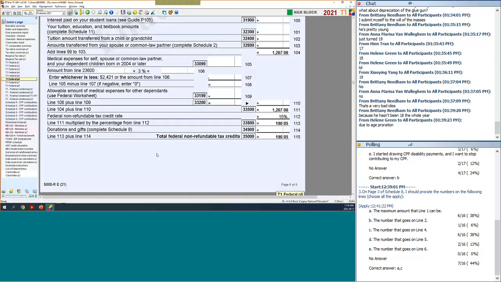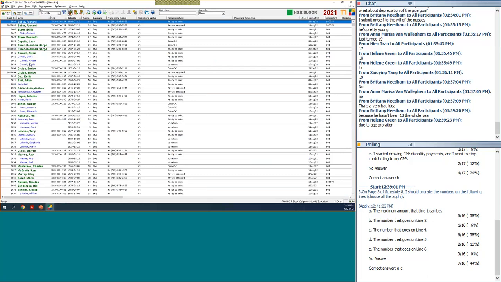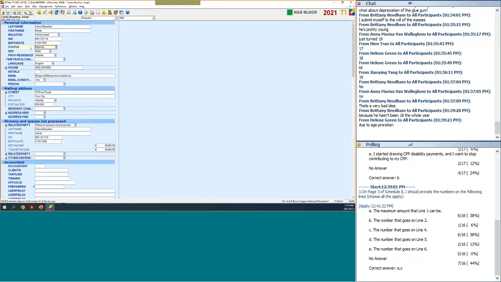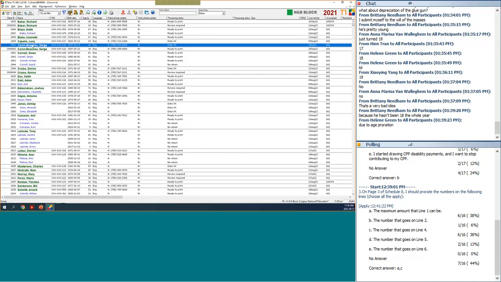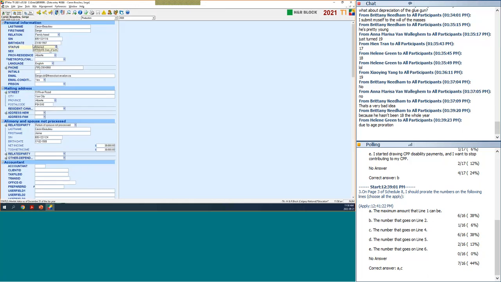Okay. So again, I'm going to go in here, and I'm going to find my client. As soon as my computer cooperates, sometimes it complains at me.